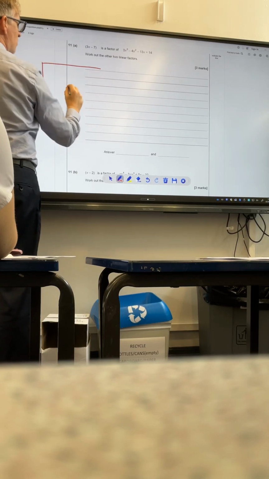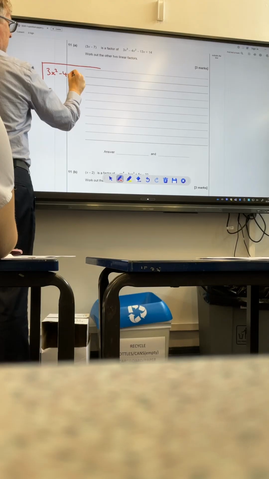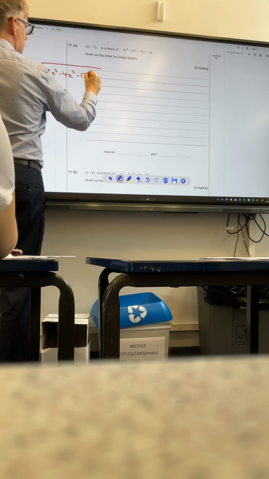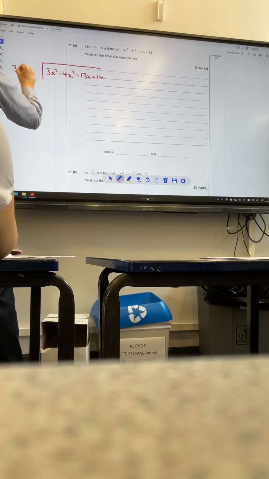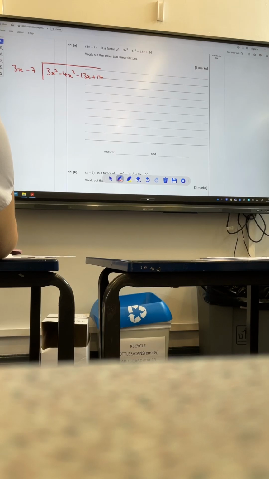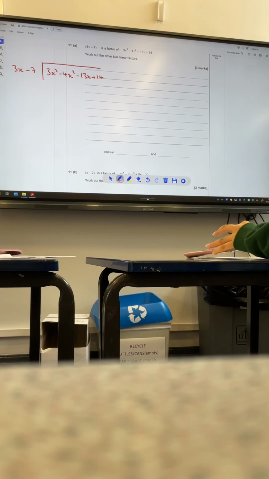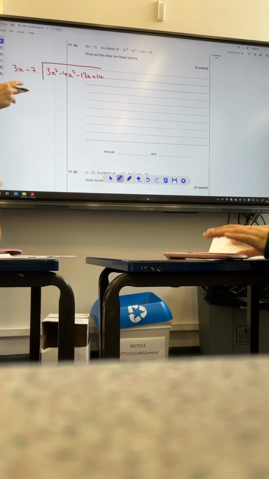Just like your normal long division, 3x cubed minus 4x squared minus 13x plus 14, and we're dividing it by 3x minus 7. Okay? Now, this is how long division works algebraically. It's kind of the same principles. You see how many times that goes into that, what you have left over, and you continue it on. Yeah?